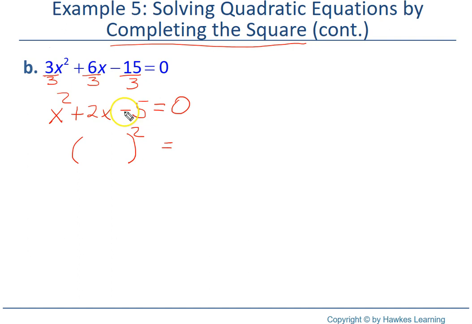So what we do first in completing the square, when you have something like this, is take this c term here and move it to the other side of the equation as a positive 5. And I'm giving myself plenty of room.